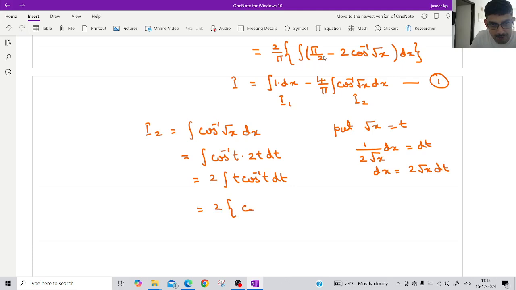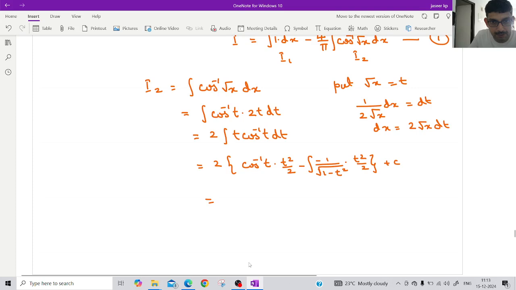So cos inverse of t first function into integral of second, that is integral of t, so that is t square by 2, minus integral of derivative of cos inverse of t is minus 1 by root of 1 minus t square into integral of second, that is t square by 2, plus the constant.